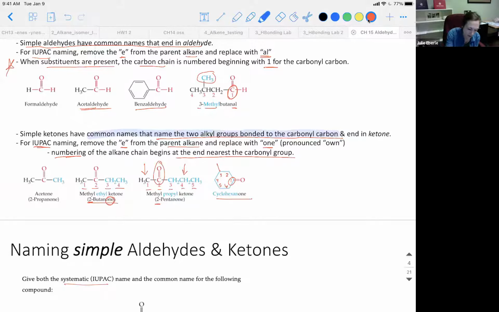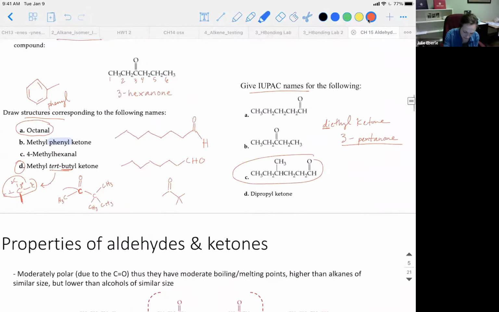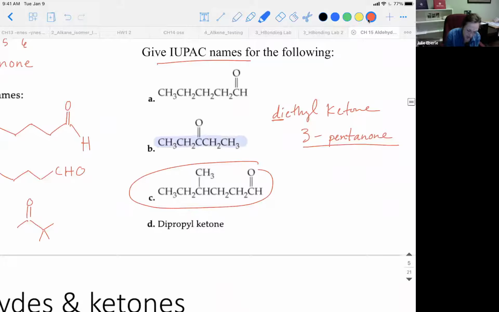When I say carbonyl carbon, that's this one right here. They look at what's bonded to the right and name that group, what's bonded to the left and name that group, and then throw on the word ketone. The systematic naming names the parent alkane and changes the name ending to O-N-E. That's why down here I counted all my carbons. I got 5, that's a pentane, but it's pentanone since there's a ketone functional group in there.